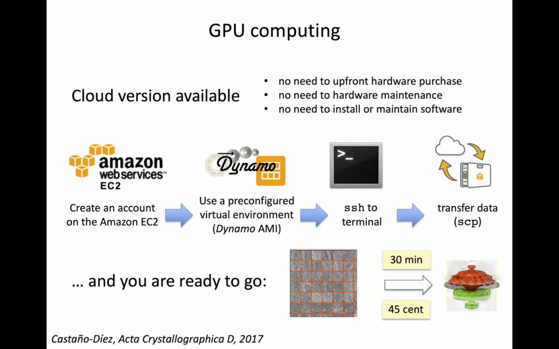I'm also looking forward to Amazon EC2 offering new instances of GPUs, because we offer in Dynamo an AMI, basically a pre-configured virtual environment, so that if you don't want to go through the pain of installing things, or deciding, do I need a GPU for this or not?